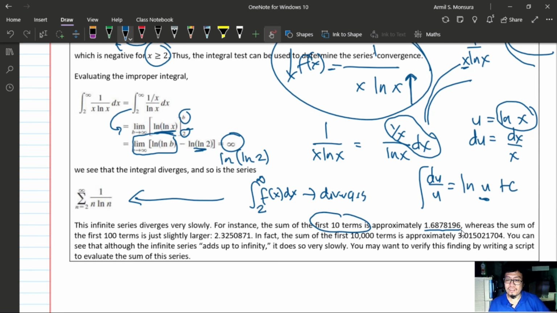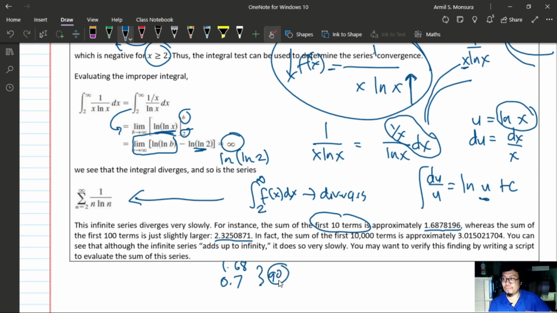But adding the first 100 terms, that's 90 terms more, we just increase the sum to around 2.3. So that's around a 0.6 or 0.7 increase for 90 terms.